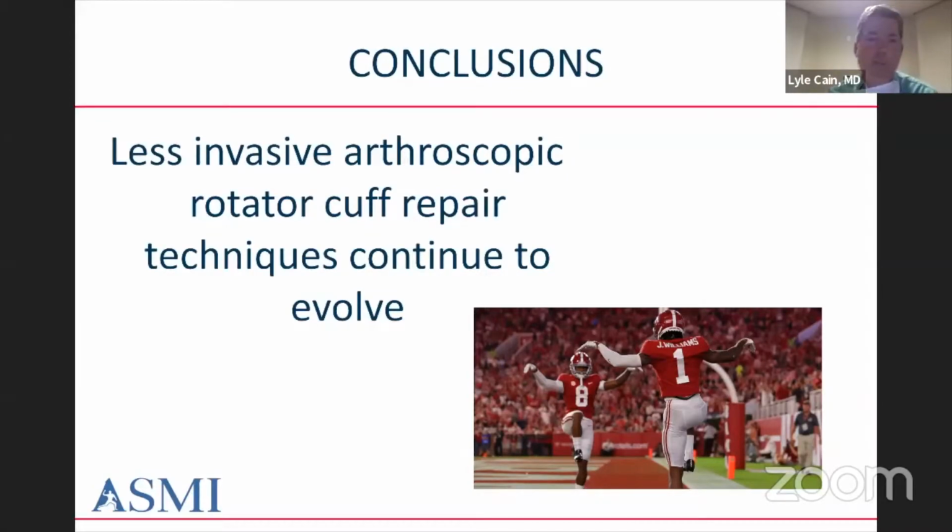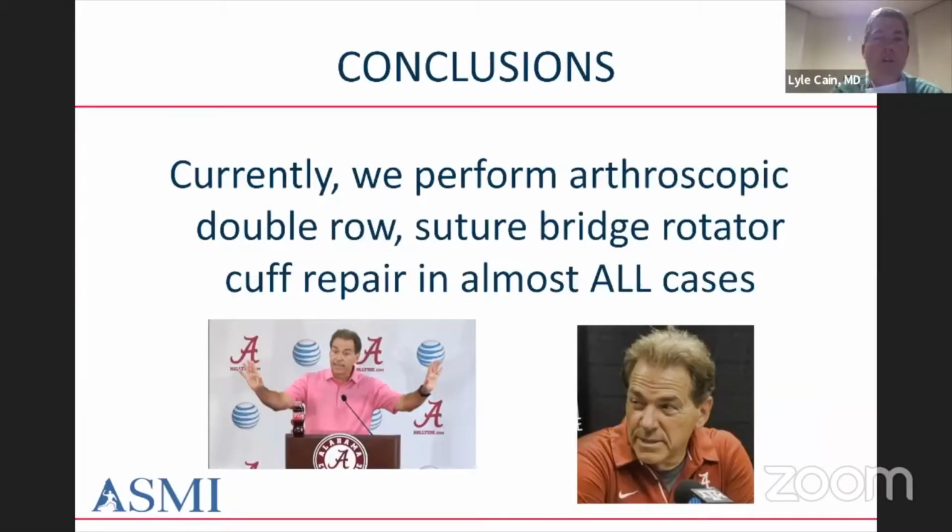We've done some rotator cuff repairs where we have knotless medial, knotless lateral with tensionable devices, not just like a suture bridge, but tensionable devices where you can tension it down and continue to tension until you're happy, which is really nice. Currently, we do arthroscopic double row suture bridge on almost every case. Occasionally, if it's a small tear, we'll do a single medial and single lateral anchor. But I very rarely do a single either medial or lateral alone. I usually combine it to do footprint compression.